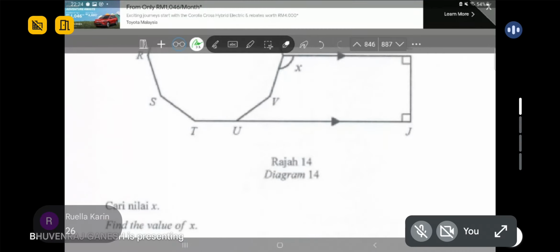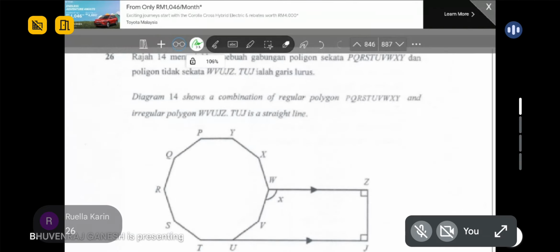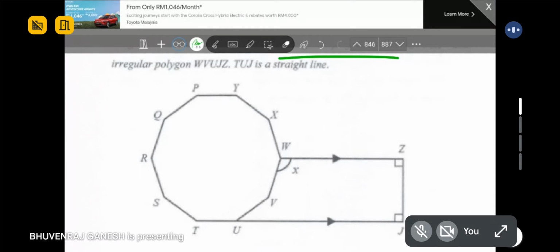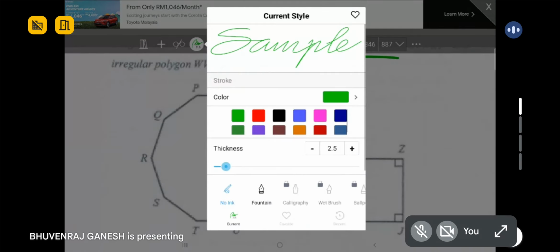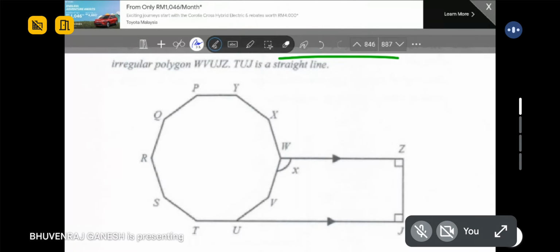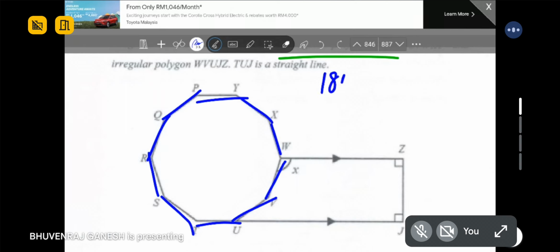26. Okay, so they ask you find the value of X. Cari nilai X. Okay, so they say regular polygon. Polygon sekata. So you guys must find the value lah. 1, 2, 3, 4, 5, 6, 7, 8, 9, 10. Decagon. So decagon. N minus 2 times 180 over N. Rumus dia apa?